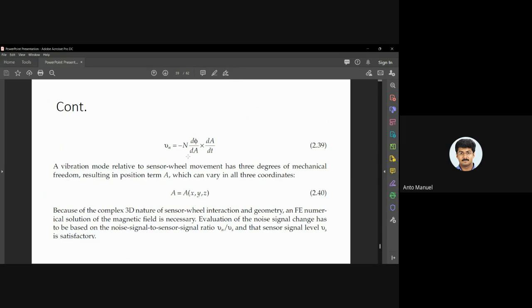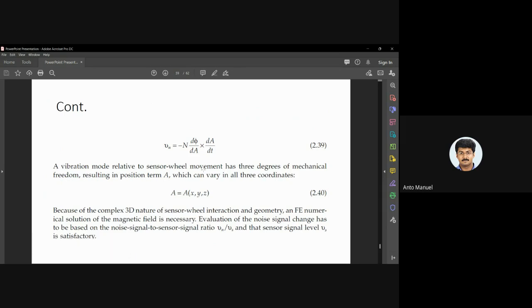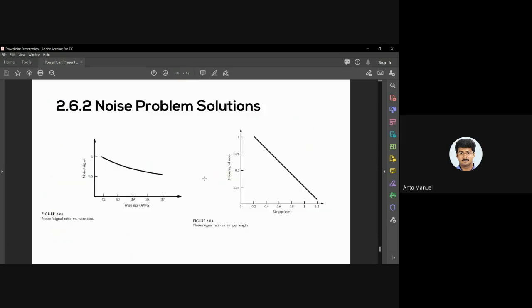Three-dimensionally, we are considering the change in the sensor voltage with respect to noise. We get a signal, but that signal is influenced by a noise parameter, represented here as A. We have just described some equations relating the noise and the output signal.